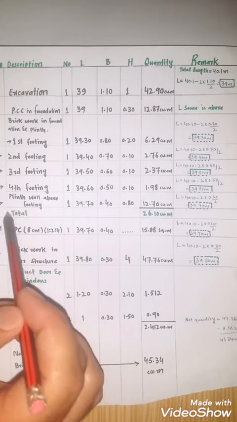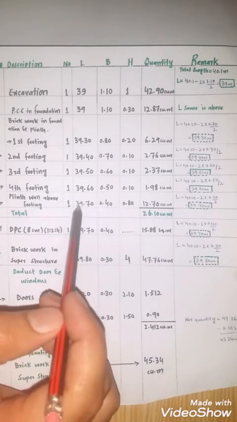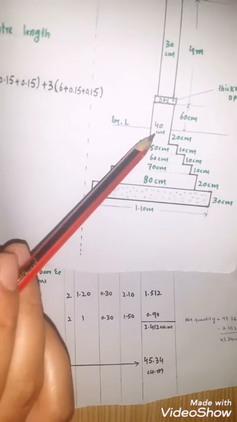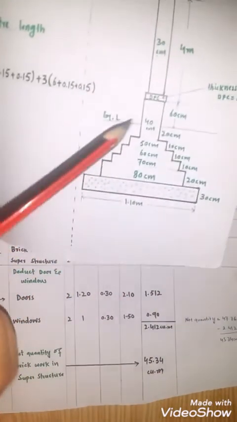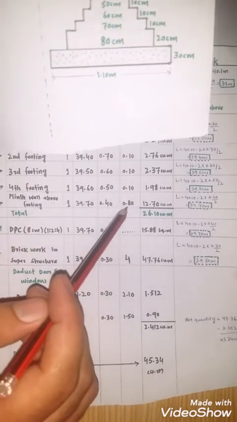Now find the brickwork in plinth wall above footing. The length is 39.70 meter. The breadth is 0.40 meter. And the height of the plinth is equal to 80 centimeter or 0.80 meter.